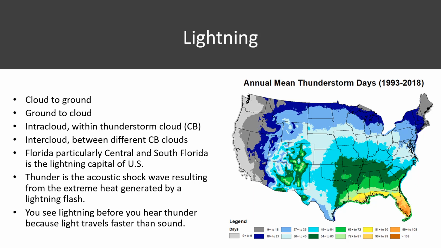The West Coast has the least amount of thunderstorm days. Thunder is the acoustic shock wave resulting from the extreme heat generated by a lightning flash. You see lightning before you hear thunder because light travels faster than sound.